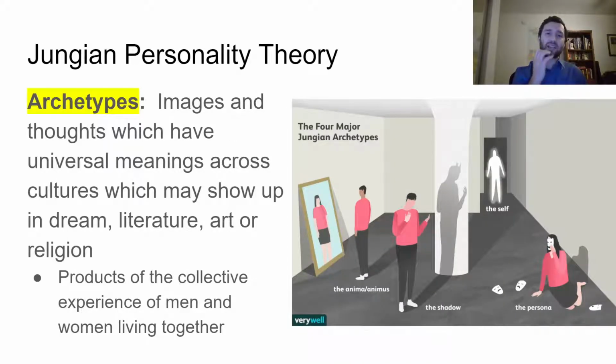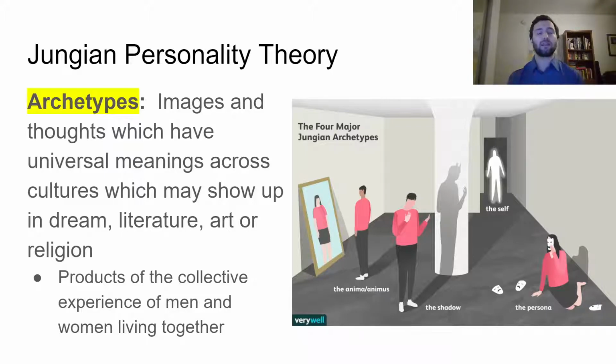So Jung is going to look at archetypes. This goes back to these collective images. He believes there are archetypes, which are images and thoughts which have universal meanings across cultures, which may show up in dreams, literature, art, or religion. So the idea is that when you look at art, literature, religions, and the dreams people have across the world or across cultures, according to Jung, what you would expect to see are these archetypes, these similar images, these similar ideas that show up again and again.